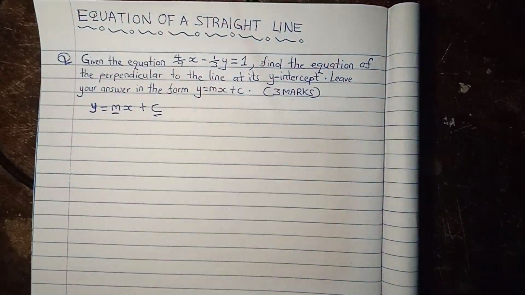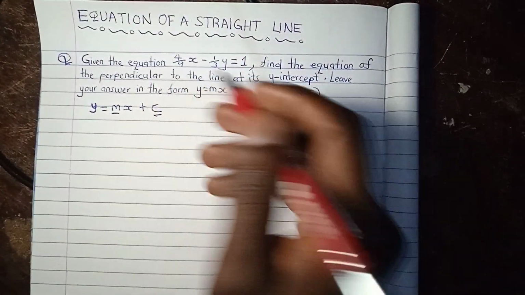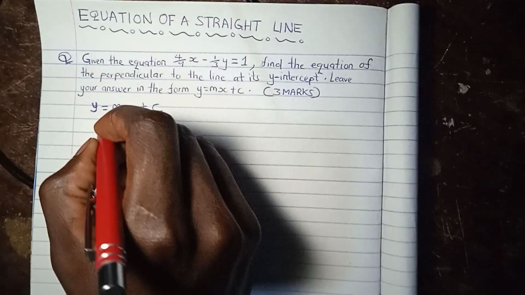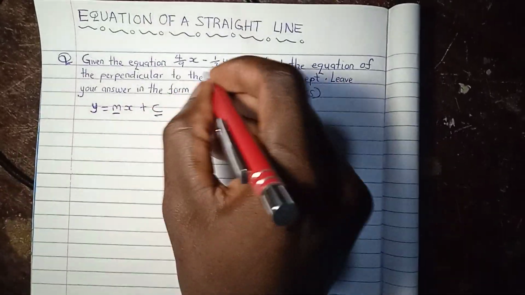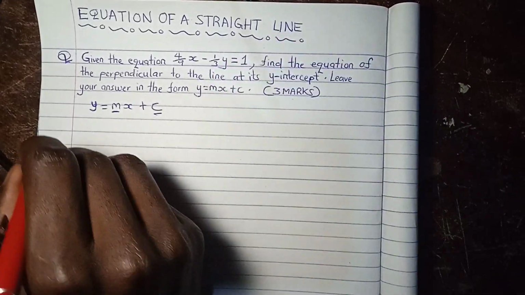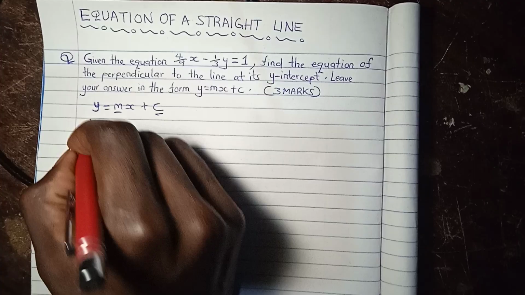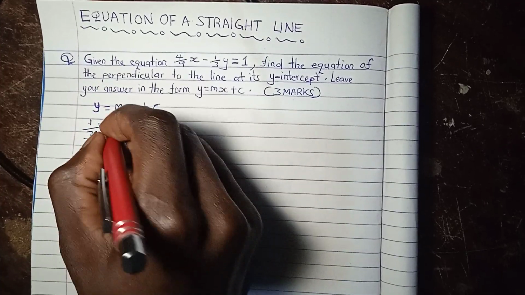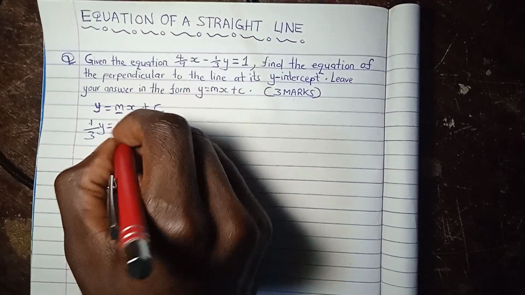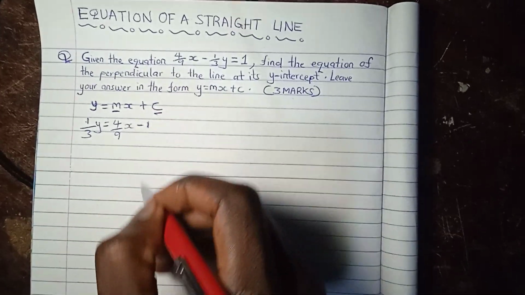Anytime you are given this type of equation, rearrange it into the general formula. Now y should be the subject. Take this y to the other side. You will get 1 over 3 y equals 4 over 9x minus 1.